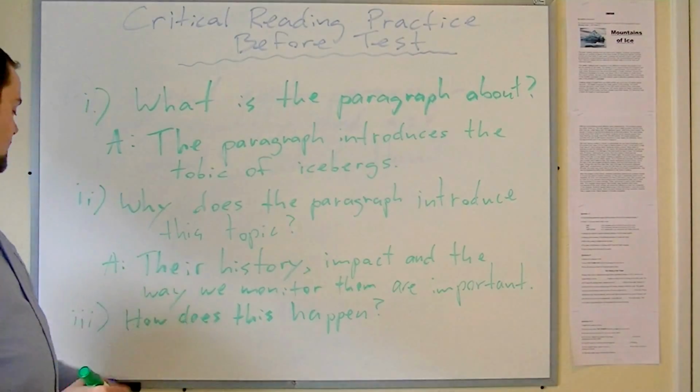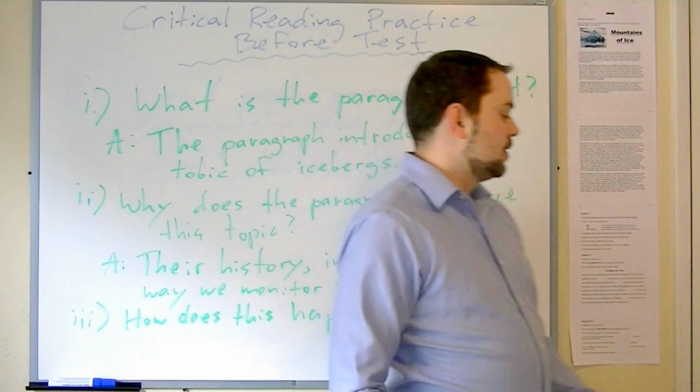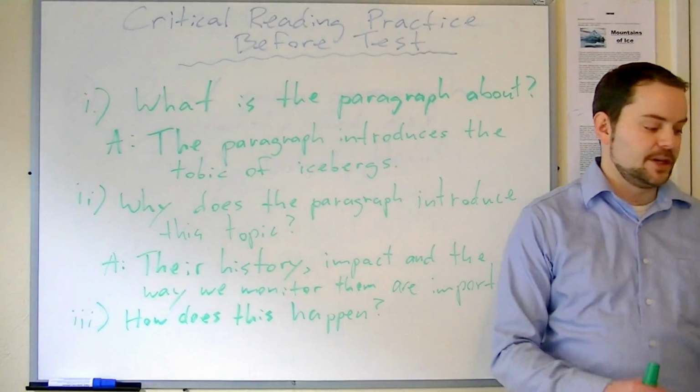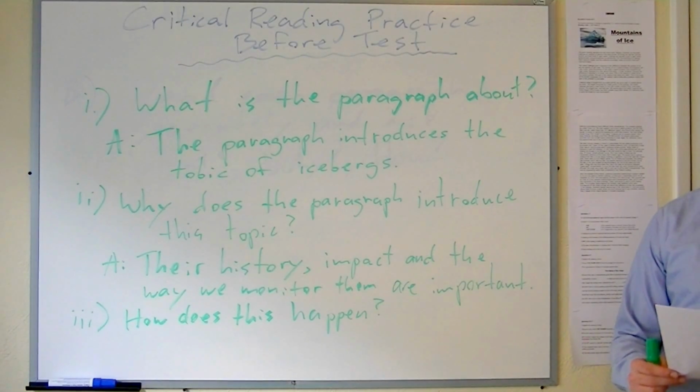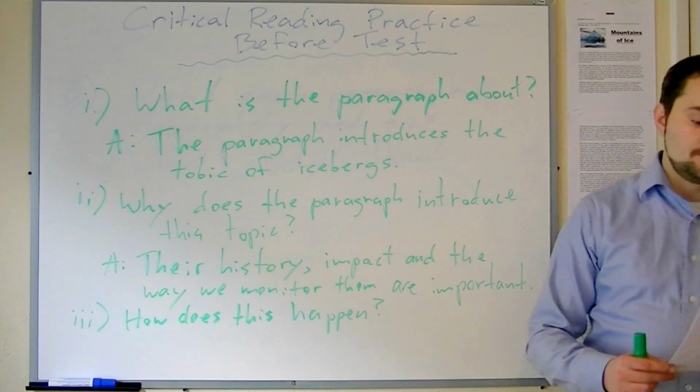So how does this happen? Well, again, if we look at the paragraph, it tells us somewhere in the middle that icebergs are sections of glaciers that break off during warmer summer months and float freely in open water.